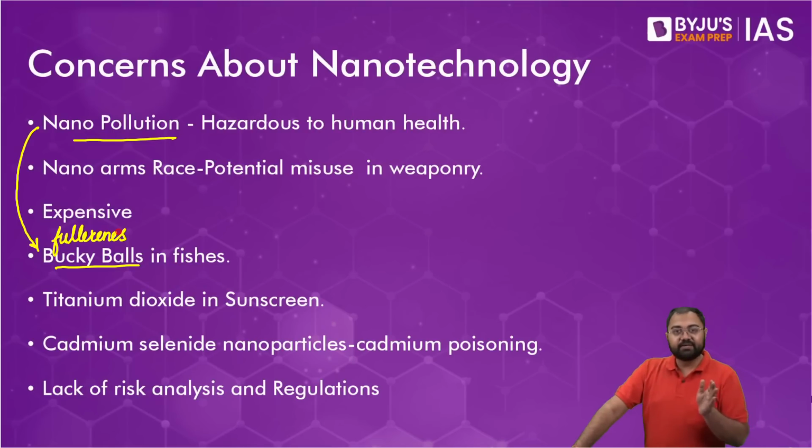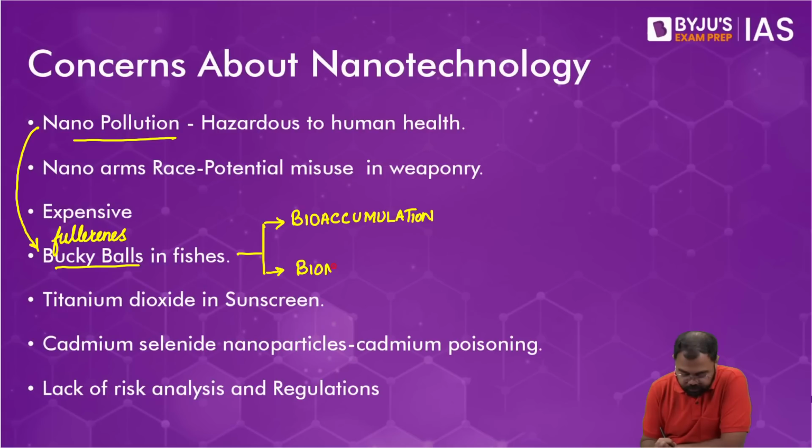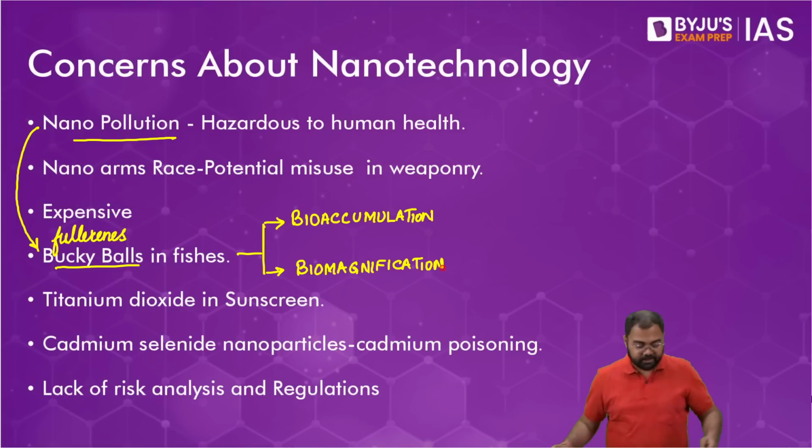So in this manner, we'll see that because of the concepts of bioaccumulation and biomagnification, I'm sure that both of these topics you will cover in detail when it comes to your environment and ecology.